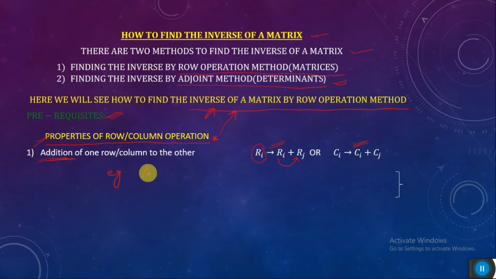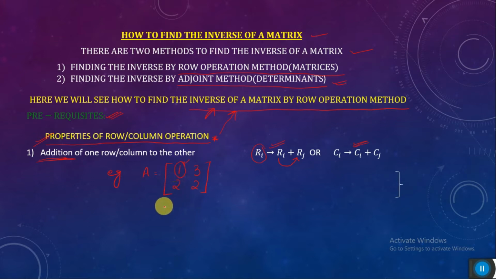Example, if I have a matrix A, suppose I have 1 2 3 and 2. Now suppose I want to make this element 3. How can you make this element 3? You will just add 2 here, right? But in row operation you cannot directly add 2. You have to make use of another row.